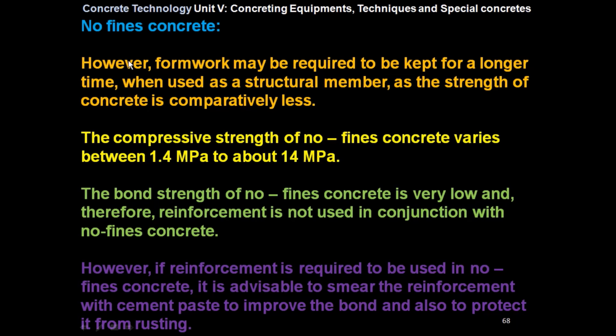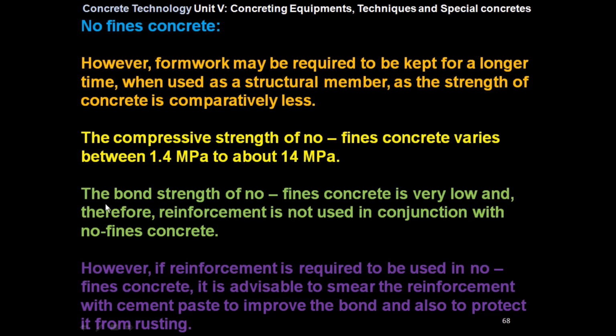However, formwork may be required to be kept for a longer time when used as a structural member, as the strength of the concrete is comparatively less. The compressive strength of no-fines concrete varies between 1.4 megapascal to about 14 megapascal.